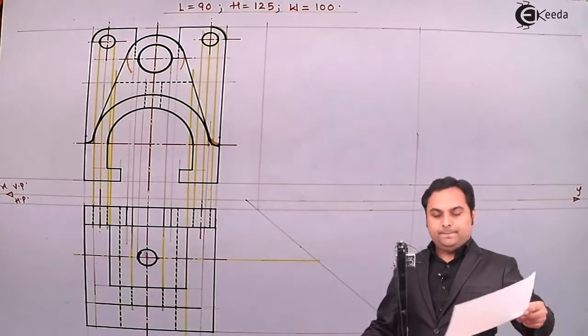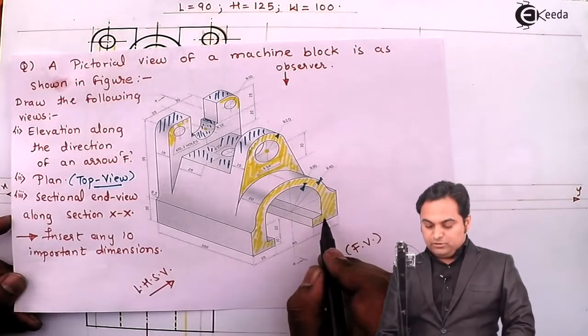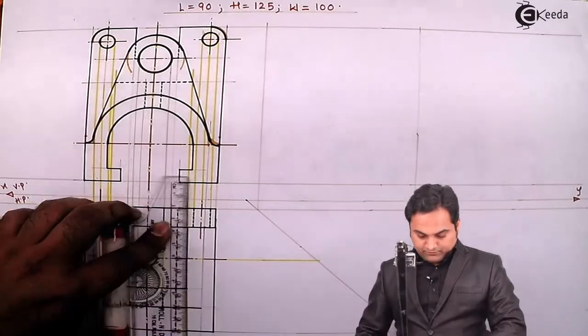Then at the same time, this line is also throughout the width, so that also has to be hidden, not visible from the top. So projecting it from the front view.